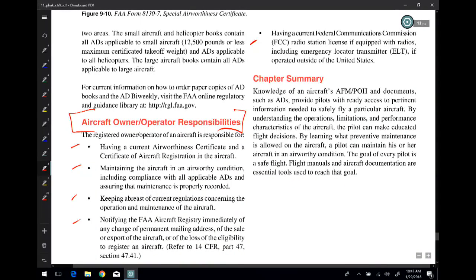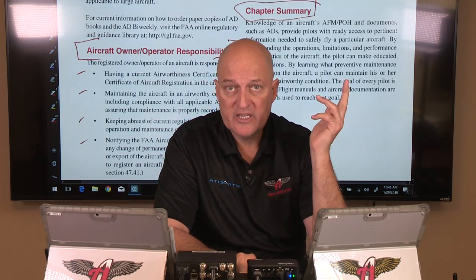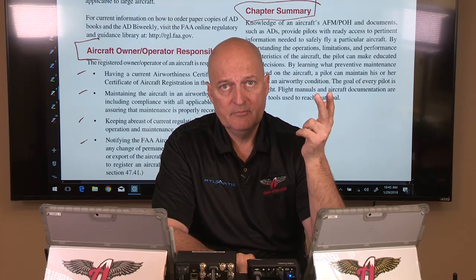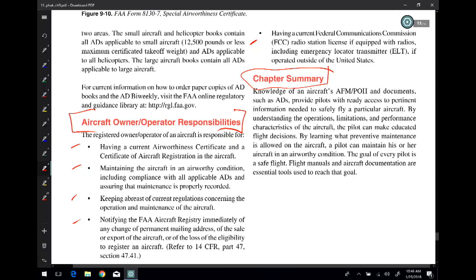Okay? Then after that, you have something here called a chapter summary. Remember what I said before in kind of adult learning theory? Tell them what you're going to tell them. Tell them what you told them. This part is the tell them what you told them. That's kind of what this is. It gives you a recap on what that chapter was about.